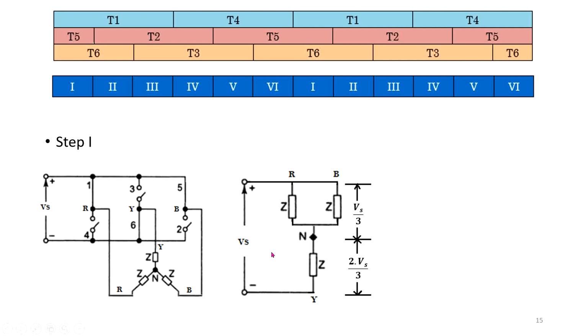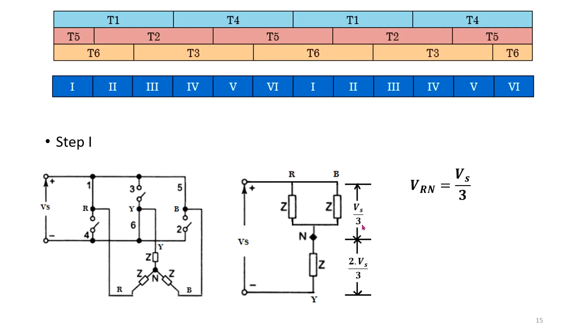I think you need to understand this point very carefully. In the parallel the impedances are going down, and when you apply voltage division principle, two times voltage will appear across this Y to neutral, and the rest, because these two are in parallel, the same voltage will appear across this one.